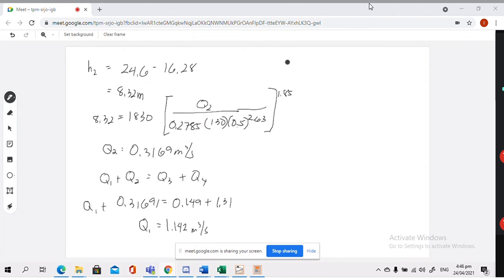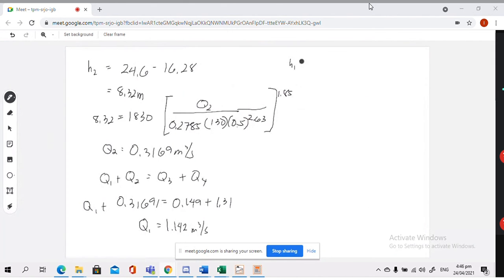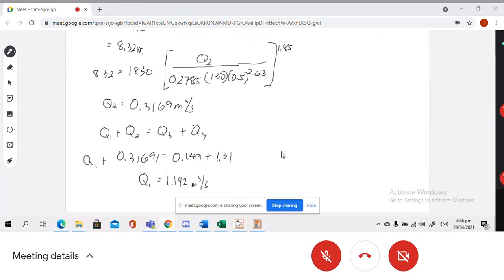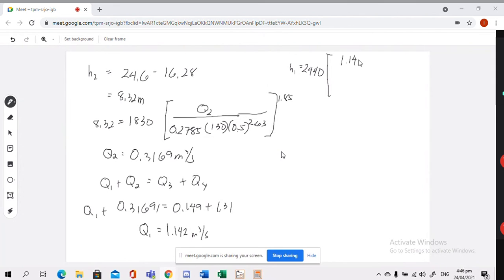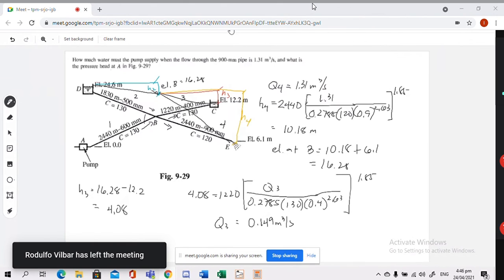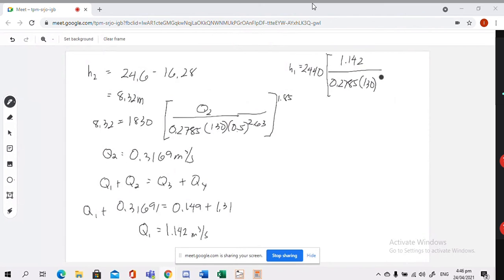So head loss 1 is equal to pila ang kuan, 2440 times Q1 nga 1.142 over 0.2785 C nga 130, D nga 0.6, to the 2.63, to the 1.85.